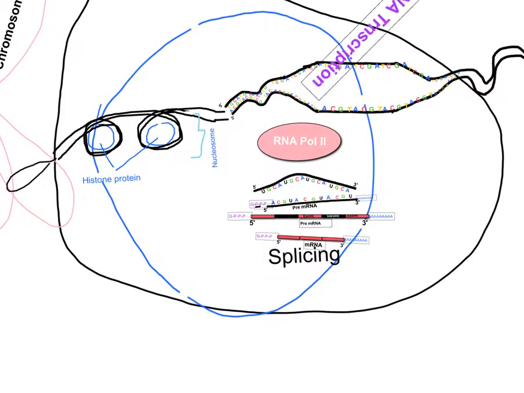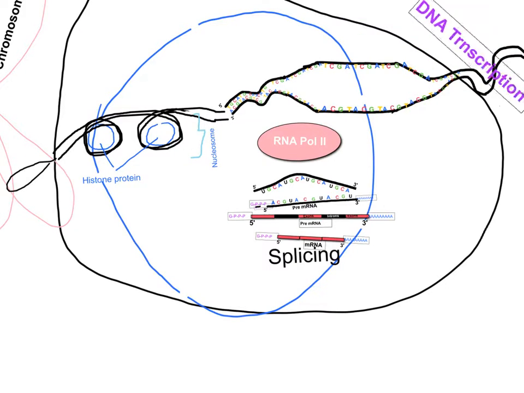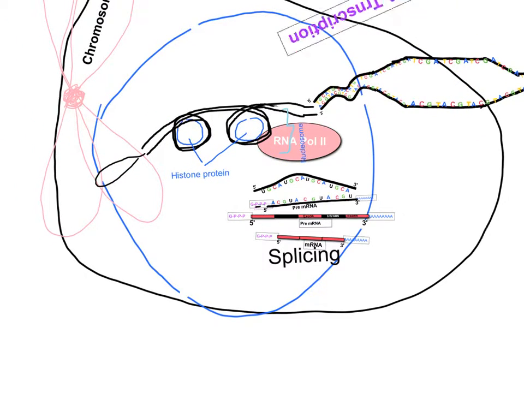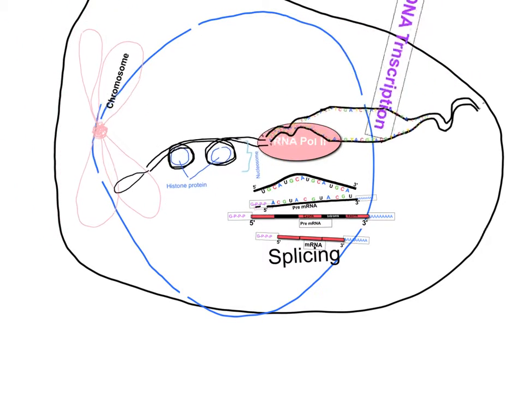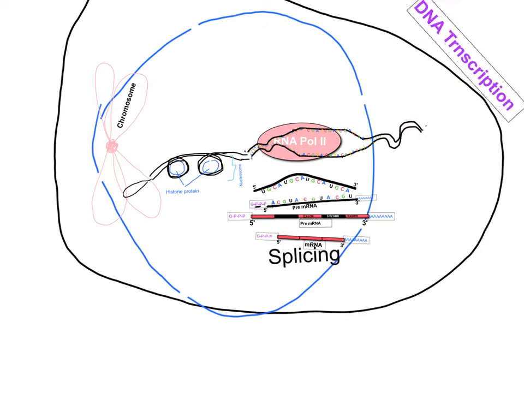So when a histone protein is surrounded by a double strand DNA molecule, this is called a nucleosome. Many nucleosomes will be combined together and will be condensed and packed, making the structure of a chromosome.